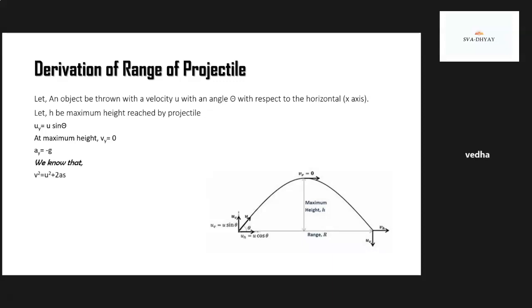We know that v square is equal to u square plus 2as, that is the third equation of motion. So vy whole square is equal to uy whole square minus 2ay h. So here ay is g, so we can write minus 2gh. Now vy is 0, so 0 is equal to u sin theta's whole square minus 2gh. So h is equal to u sin theta's whole square divided by 2g.